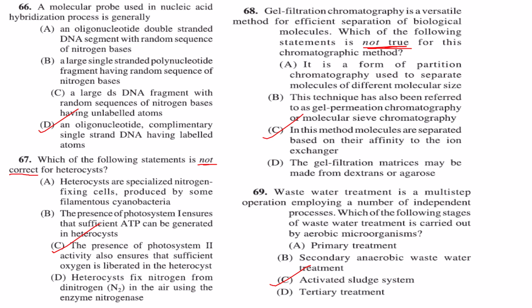Then tertiary treatment, to remove contaminants from waste water, includes the use of aerobic microorganisms. That is, only some tertiary treatment processes involve the use of aerobic microorganisms, but the aerobic activated sludge system is the more correct answer.